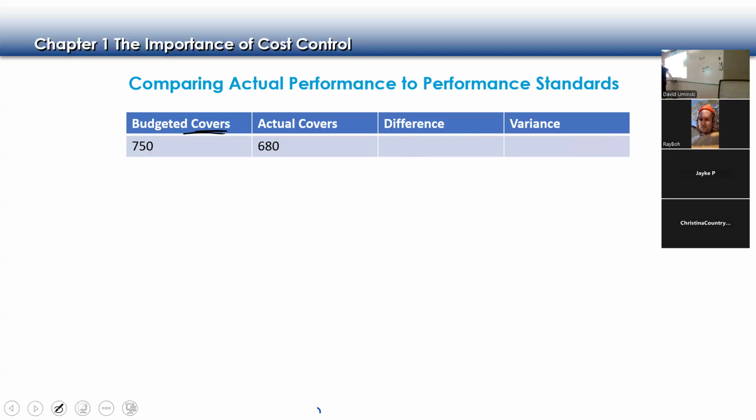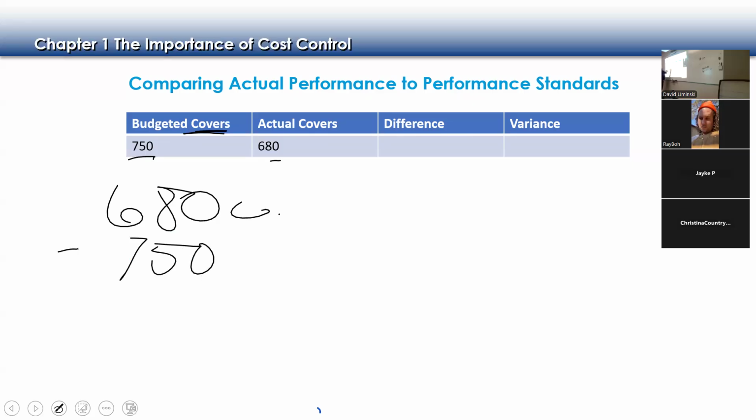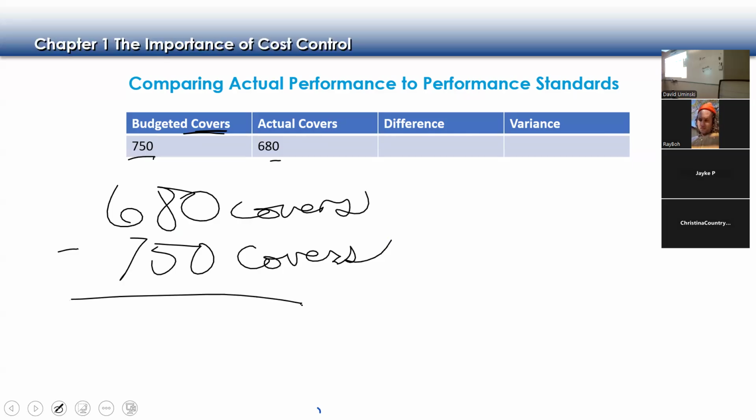So if we budgeted to have 750 covers, meaning we have enough staff to handle 750, but we actually only had 680. So again, 680, that's our actual, minus the 750. Let's put our units on here. We get negative 70.